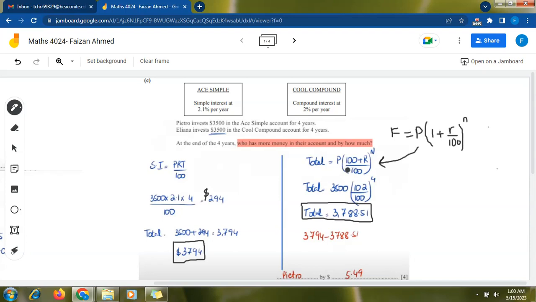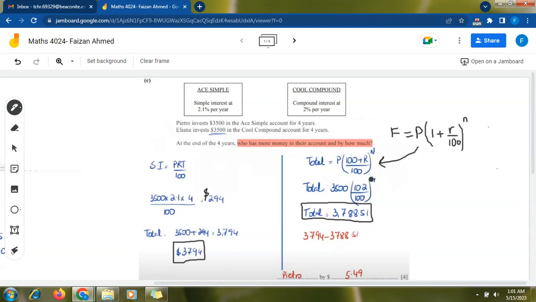So now we just have to plug in the values. We have to find the total amount. So total equals, what is the principal amount? The principal amount is $3,500. So 3,500, and then bracket open, 100 plus R. What is the rate? The rate is 2%. So 100 plus 2, the value of R is 2, will be 102, divided by 100. And for how many years? 4 years.